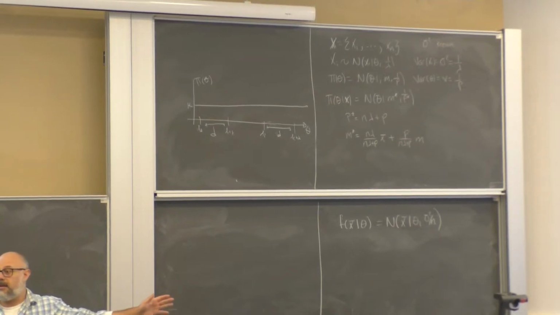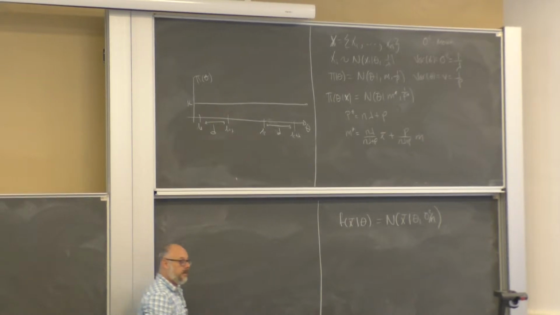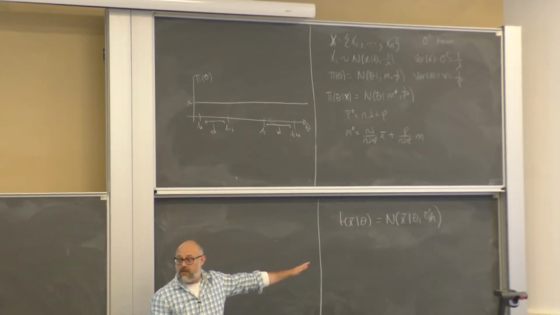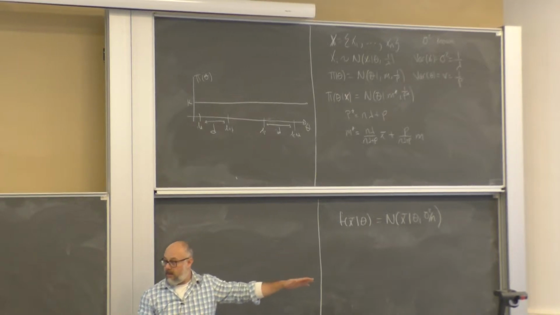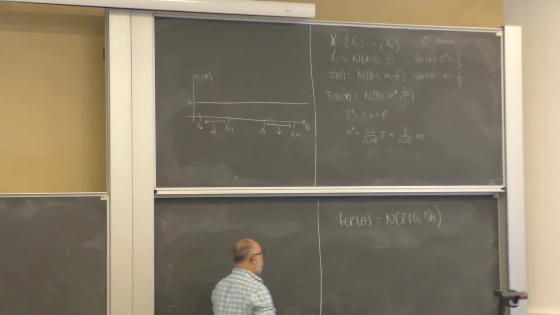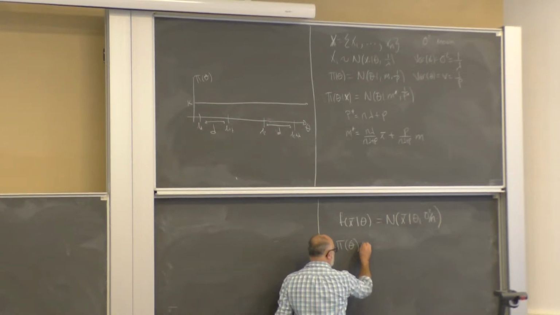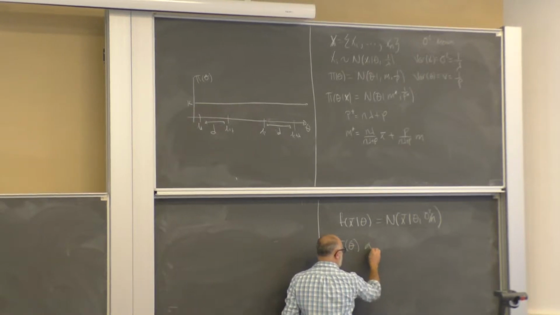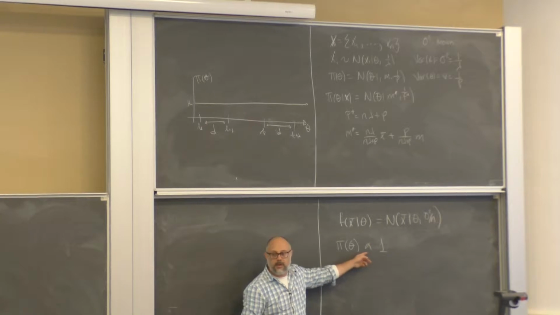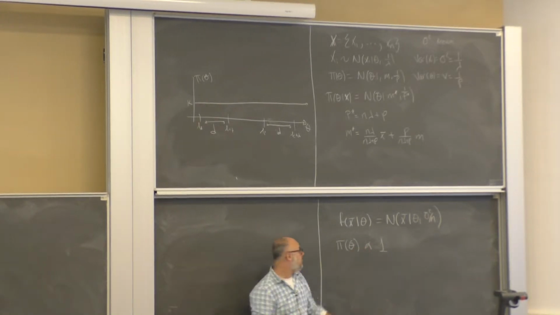We know that with mean theta and variance sigma square over n, right? And we proved that we can use this sampling distribution with Bayes' theorem to obtain the posterior distribution, right? So again, this sign means proportional to, right? So the prior is proportional to 1. It's a constant distribution.